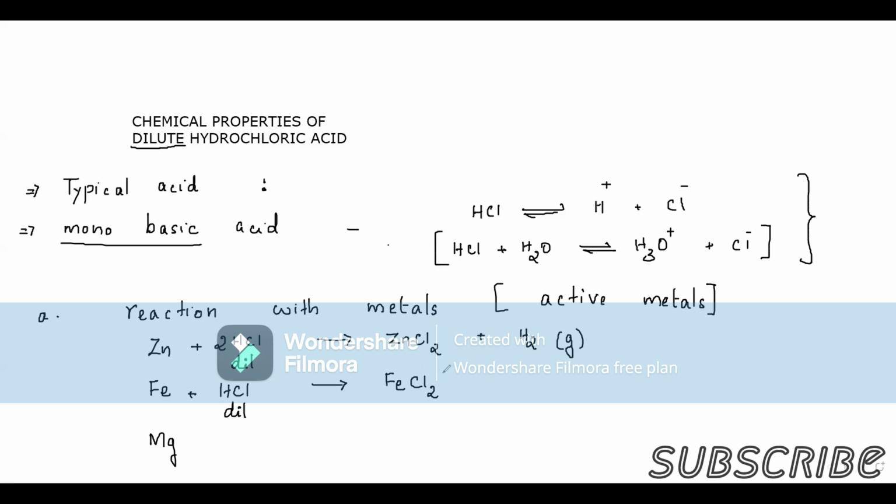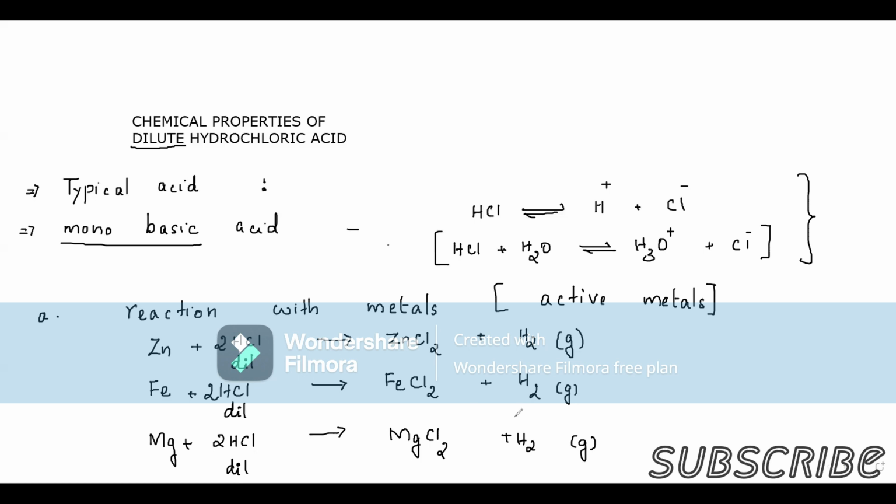Ferric chloride cannot be prepared by this method. So directly, if you are dropping the metal in hydrochloric acid, the salt that you get will be ferrous chloride only, along with hydrogen gas. Okay, third equation. Mg plus, here also, hydrochloric acid dilute gives MgCl2 plus H2.